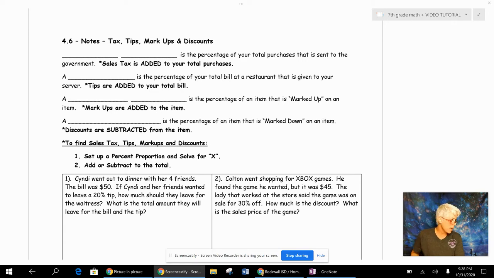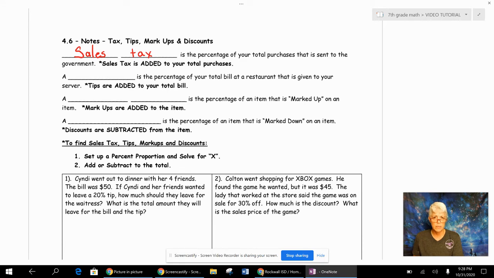It says here that sales tax, which, by the way, while I'm writing this down, you should have your notes in front of you. You should have either this printed out, or you have the packet, or you are writing it in your spiral. I'm going to tell you right now, you can't just listen to the videos.